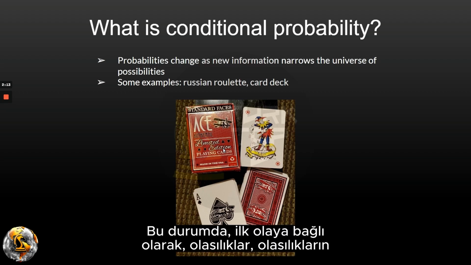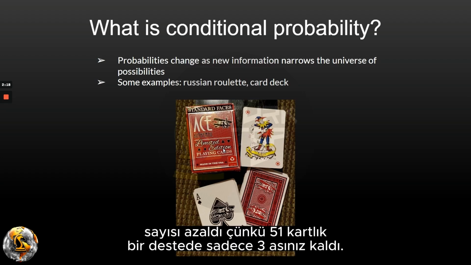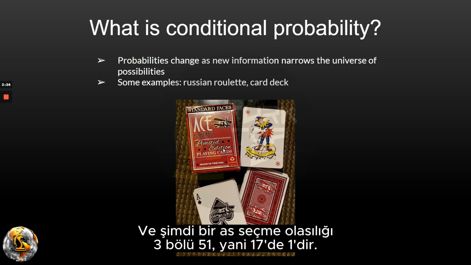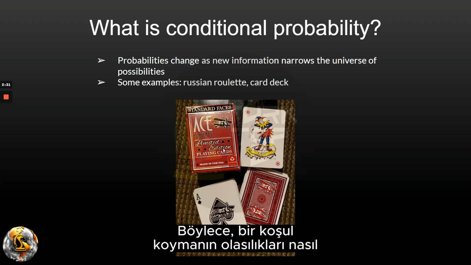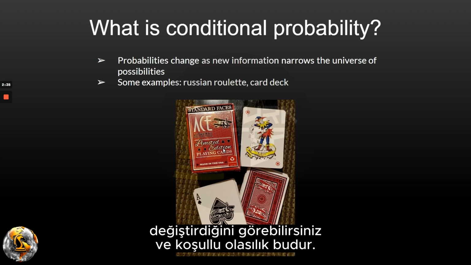In this case, based on the first event, the number of possibilities reduced because we only have 3 aces left in a deck of 51 cards. And the probability of picking out an ace now is 3 divided by 51, that's 1 out of 17. So you can see how putting one condition changed the odds, and that's what conditional probability is.